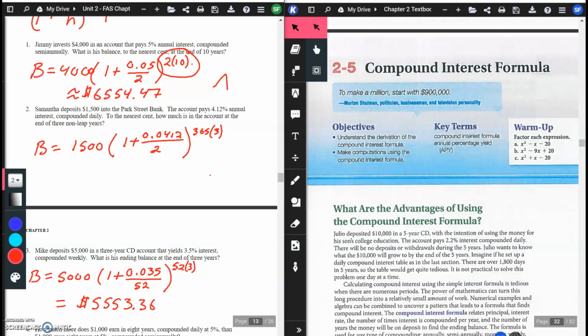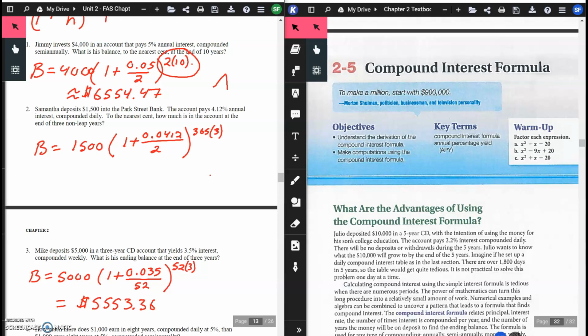Number 2, Samantha deposits $1,500 into Park Street Bank. The account pays 4.12% annual interest compounded daily. To the nearest cent, how much is the account at the end of 3 non-leap years? So here we have 1,500 initial deposit times 1 plus 0.0412 over 365, raised to the 365 times 3, because you have 365 days in a year.